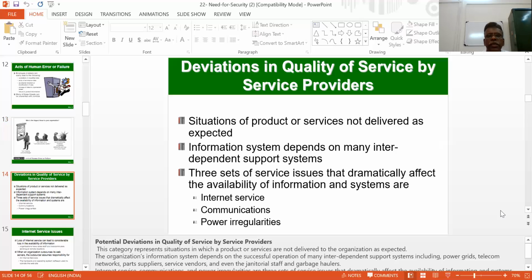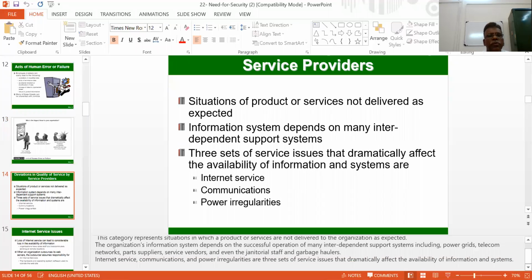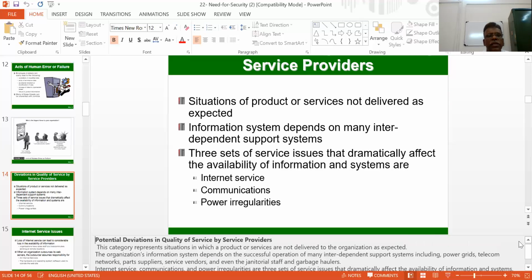If they give some sort of threat or chances of dangerous approaches to the company or the organization, we can easily find out. Potential deviation in quality of services, especially from the service provider, represents the category in which the product is not delivered within the expected time.